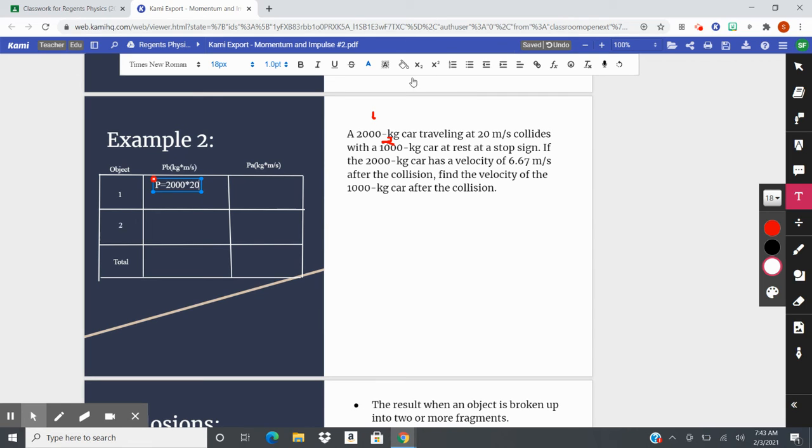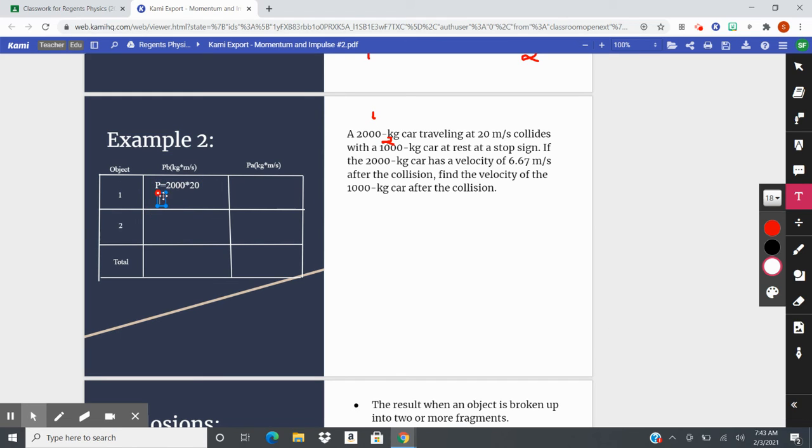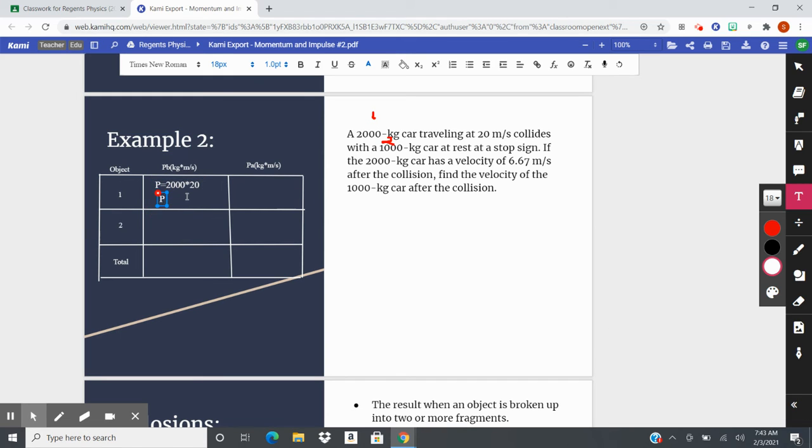Alrighty, we're all good and up and running. So we have our 2,000 kilogram car moving 20 meters per second. Plugging that into your calculators, we have 40,000 kilograms times meters per second.